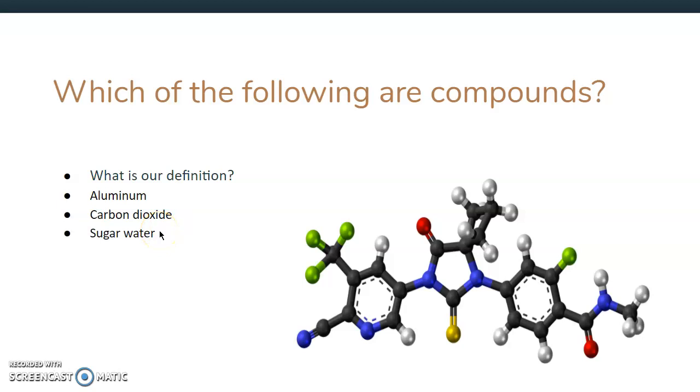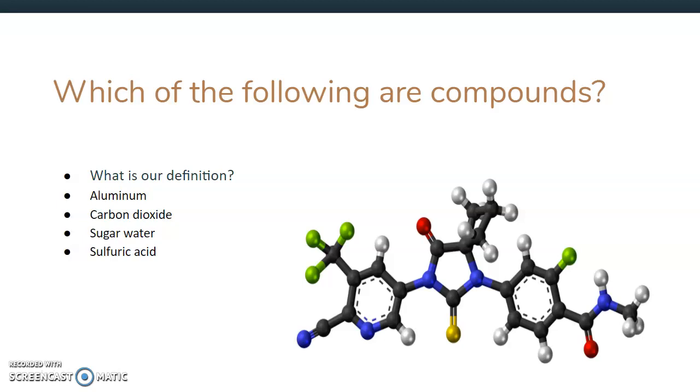Sugar water. So let's think about sugar water. There are 2 things being joined together, but neither of them are elements. So sugar water actually is a mixture. It is not a compound. Sulfuric acid. This one might be difficult if you don't know. And if you're ever in a situation where you don't know, well, let me put it this way.